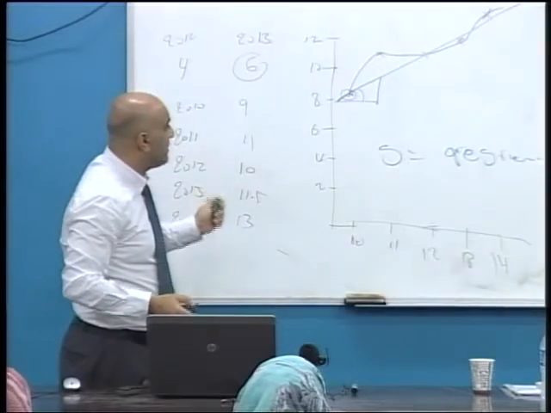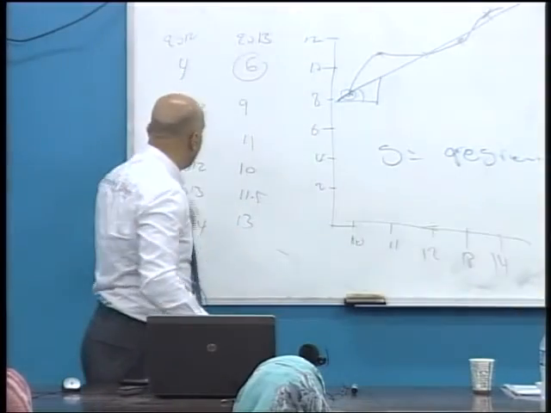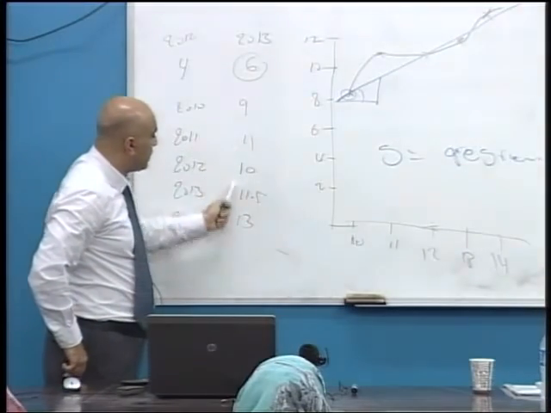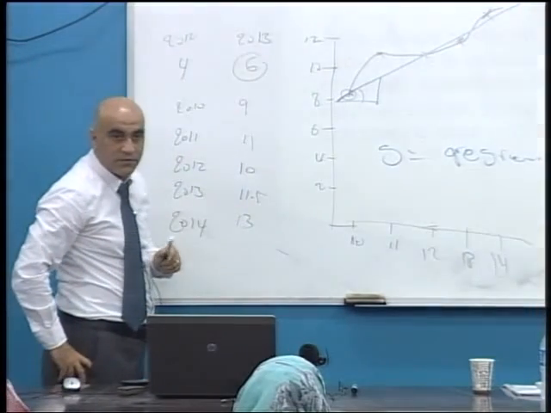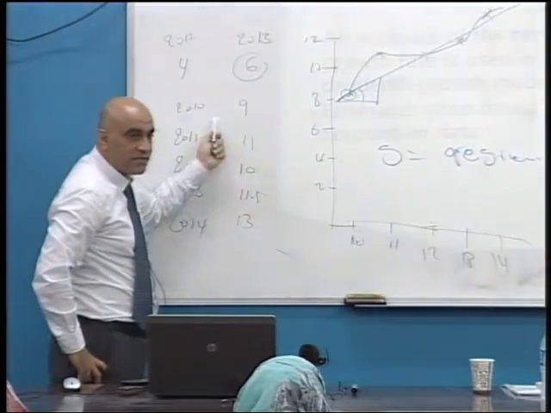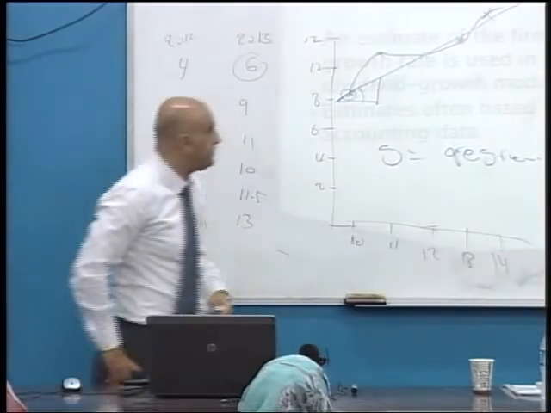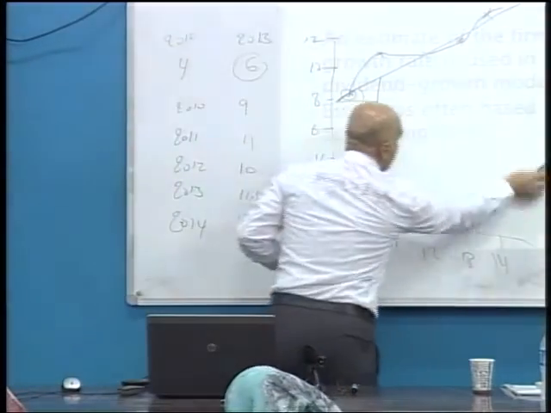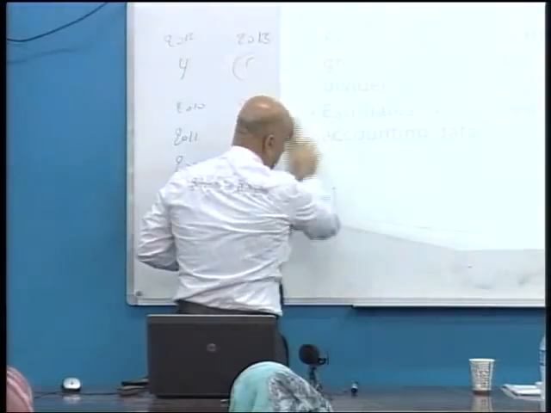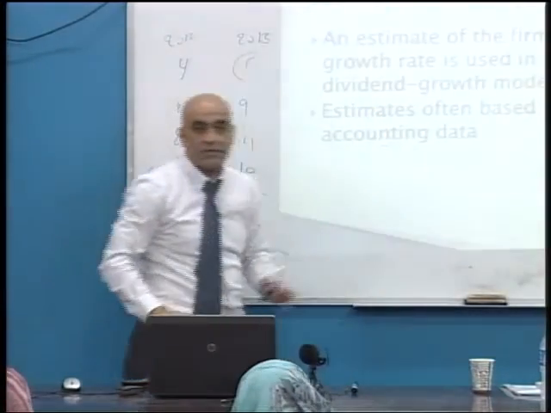The growth is a function of time, because to grow from 9 to 13 takes 1, 2, 3, 4 years. It is a function of time, and of the starting price and ending price. The good news is I'm not asking you to estimate the growth in this course.